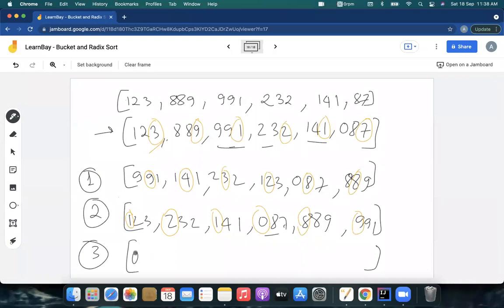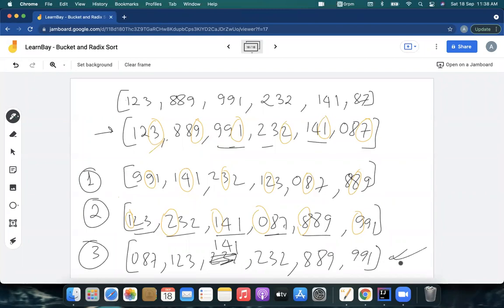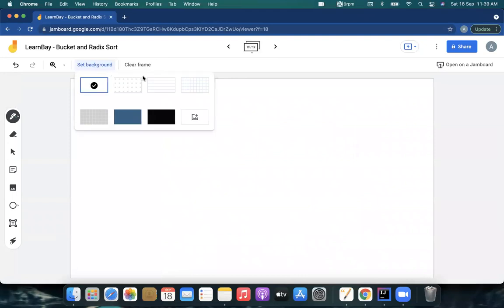So 0 comes first, 087, then 123, then 141, then the 2s will come, 232, and then the 8 will come, 889, then 991. And this is sorted. Okay. So are you guys clear with what the algorithm is? Any questions on what the algorithm is?